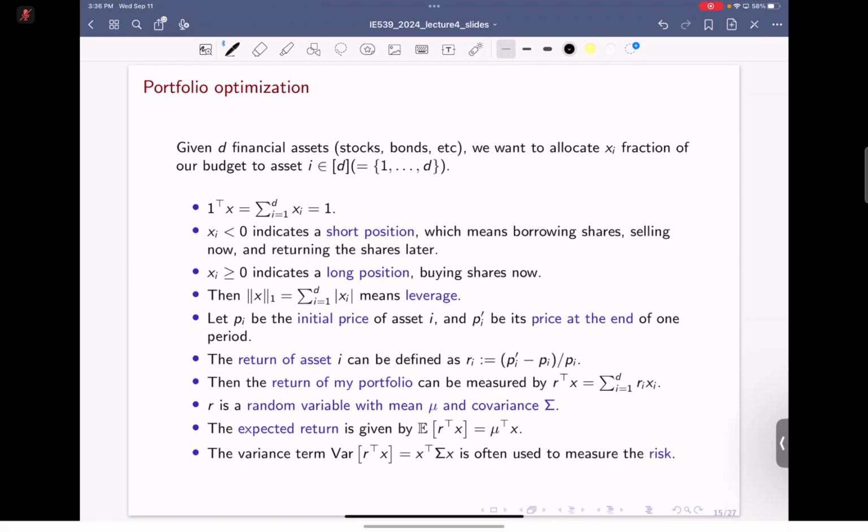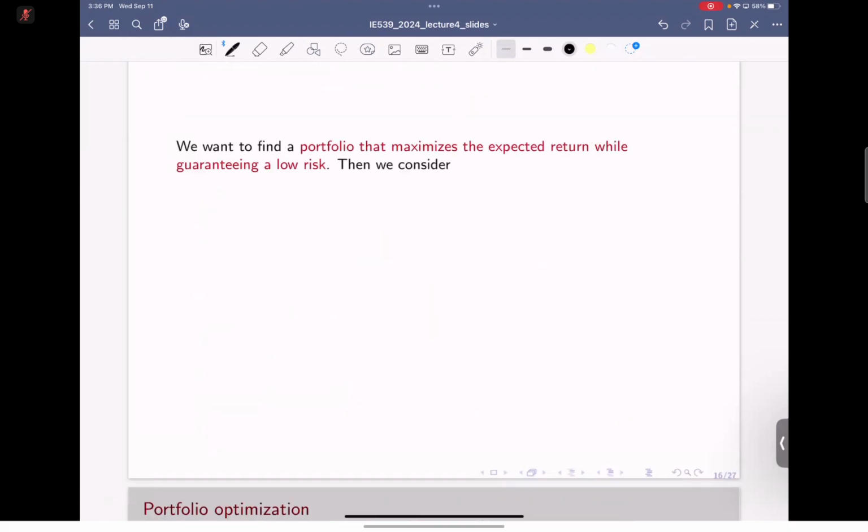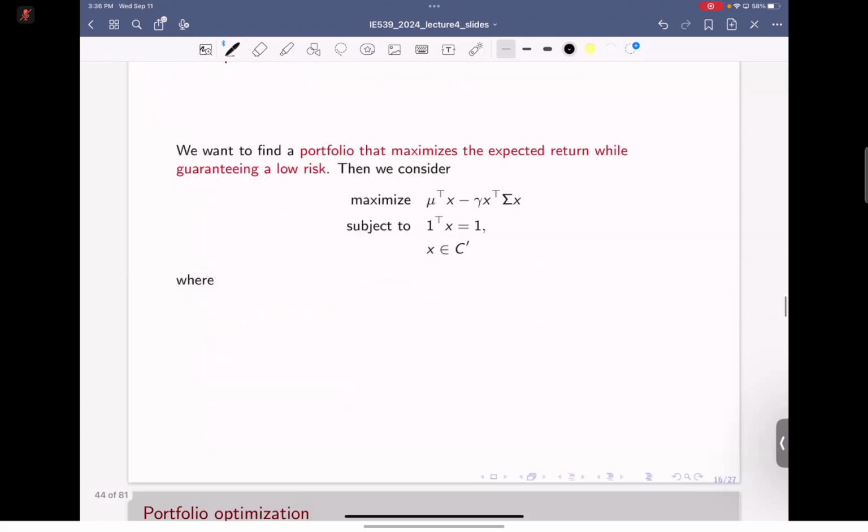It means there can be a big amount of fluctuation in your return values, and you don't want that. So this variance term measures the risk of your portfolio. So you want to basically increase the expected return while minimizing the risk value. And that can be captured by solving this problem.